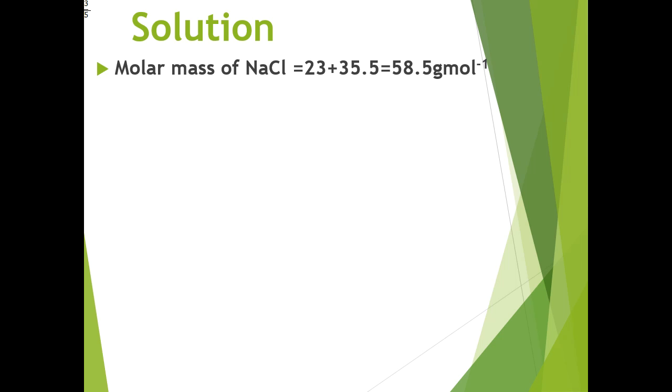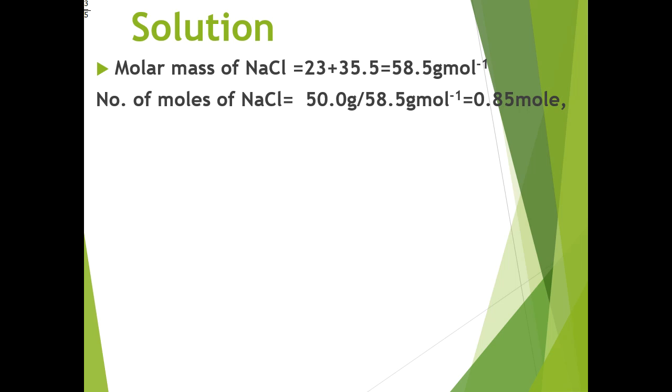When you sum up these two, you are going to have 58.5 grams per mole. The number of moles of sodium chloride can be obtained by dividing the given mass in the question by the molar mass of sodium chloride that you obtained above, which is 58.5 grams per mole, and you are going to have your final answer. Your answer will be equal to 0.85 moles.